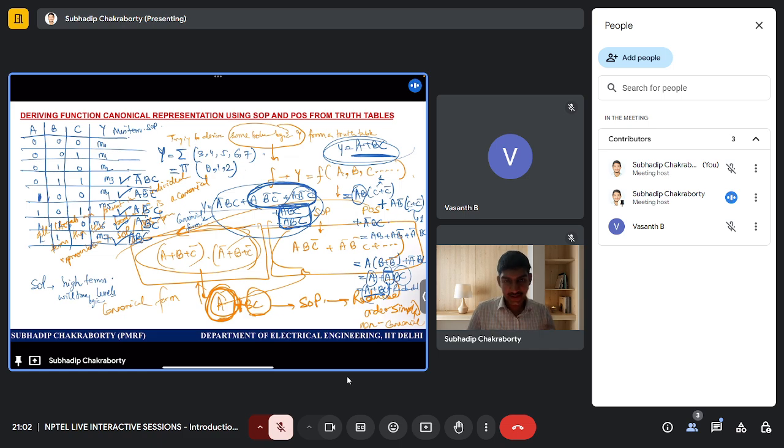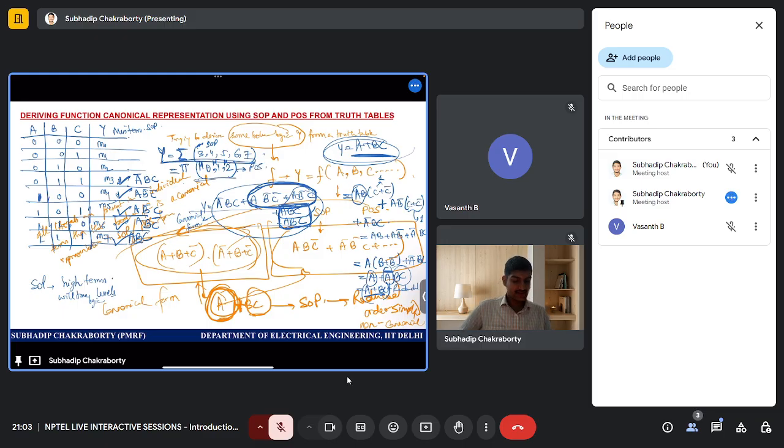You need to take the other terms in the max terms. So these are M0, M1, M2 at the low logic levels. In the sum of product form, you need to take the high logic levels, the terms where the output Y is 1. So this is sum of product and this is product of sum.